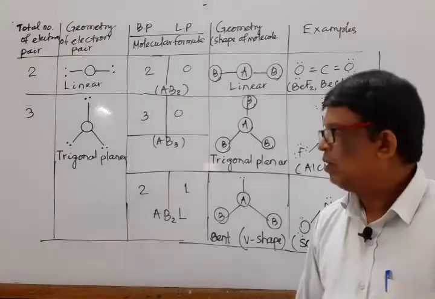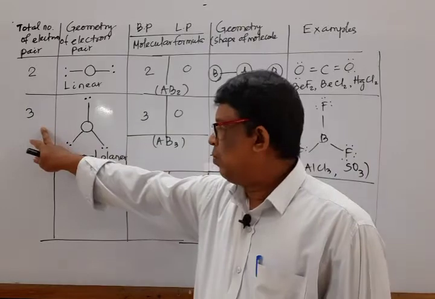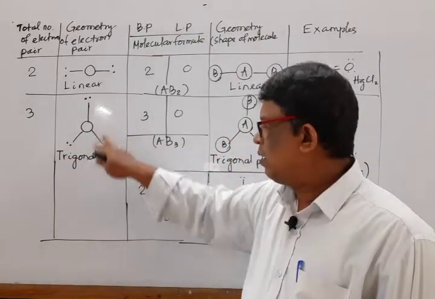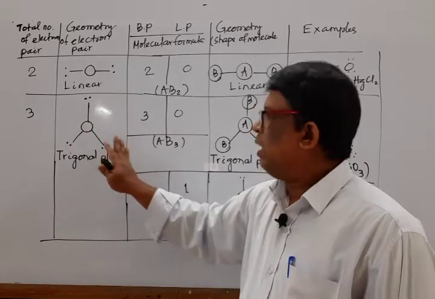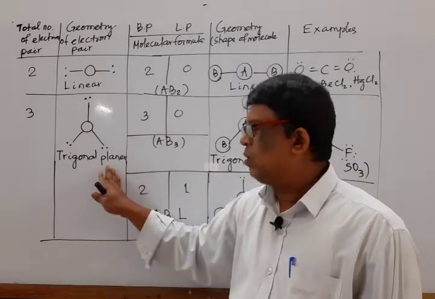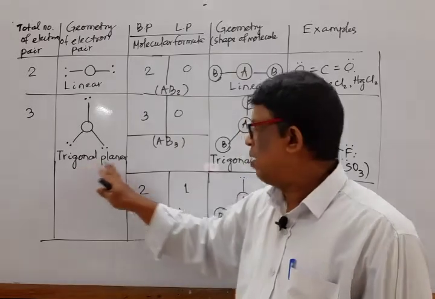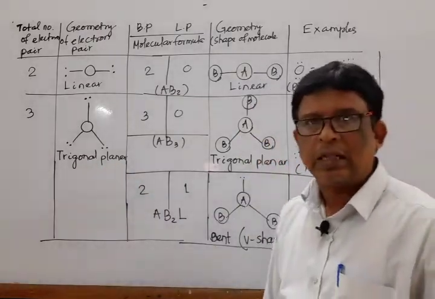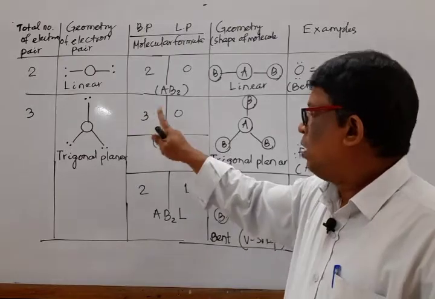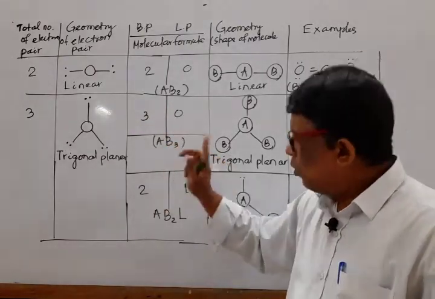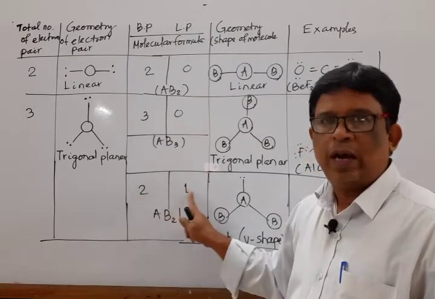Move to case 2. Case 2 is where 3 pairs of electrons are there. If so, arrange them 1, 2, 3 pair. If it is 3 electron pairs, then the geometry is triangular planar. Two cases are there. Case 1, 3 are bond pairs, lone pair 0. Case 2, among the 3, 2 bond pairs, 1 lone pair.